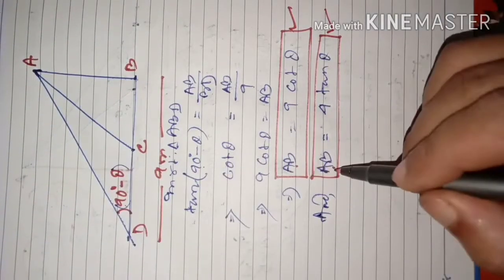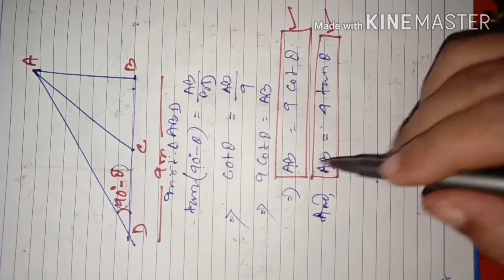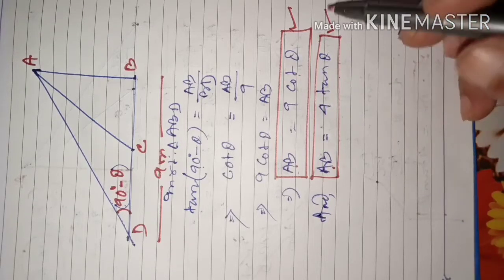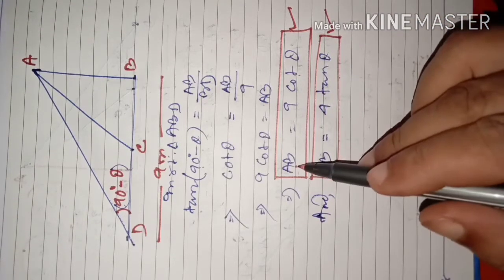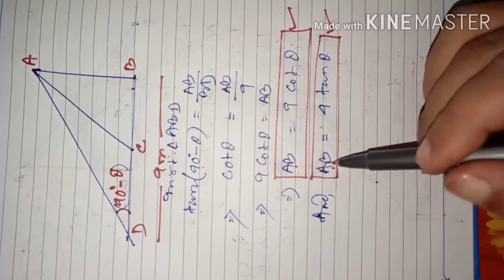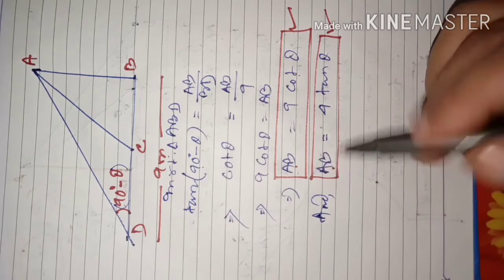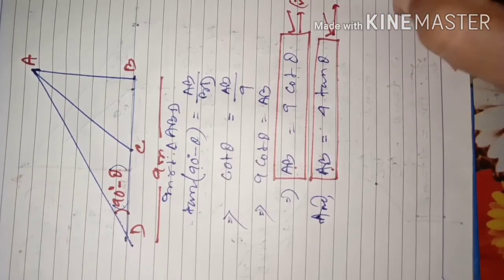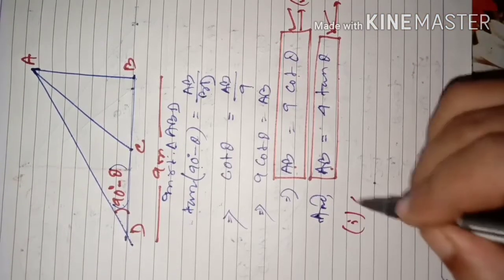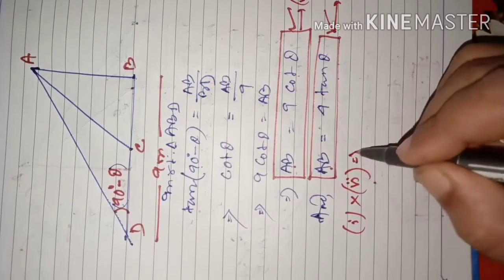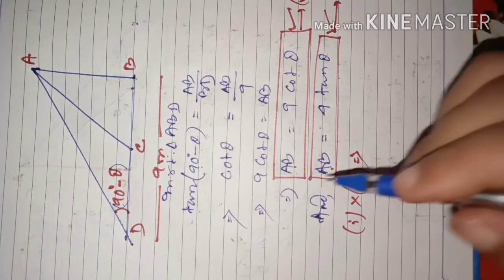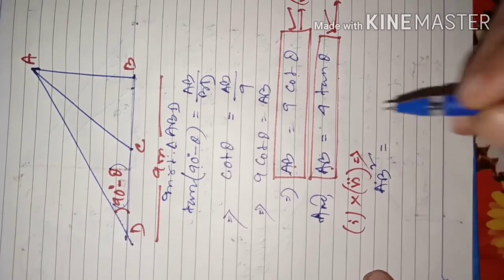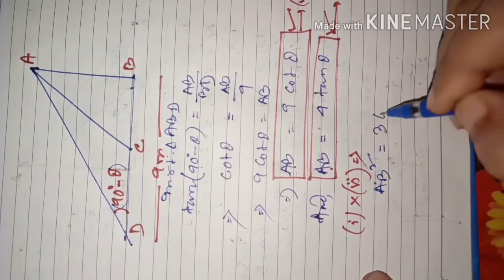So how do we keep AB so that it remains and the other terms get eliminated? We can do one thing: if we multiply AB with AB, it becomes AB square. Suppose this is equation 2 and this is equation 1. If you multiply 1 and 2, AB square is equal to 9 into 4, 36.